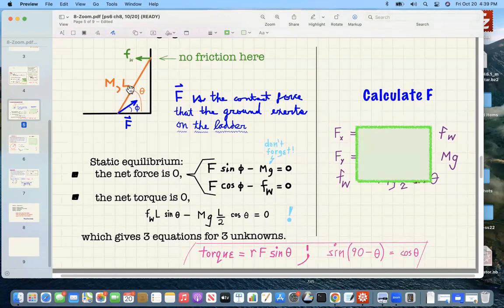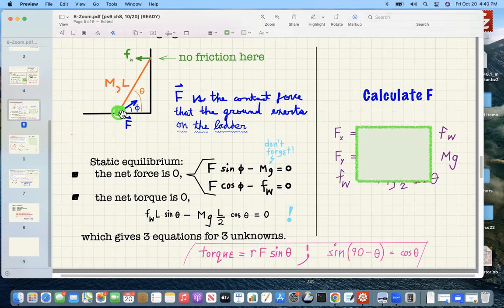Now, static equilibrium means the torque about any point is 0. Because if the torque were not 0, then it would accelerate, there would be an angular acceleration in the direction of rotation. So we can take any point on the ladder to calculate the torque, but the easy one is this point. If we use this point as the axis about which to calculate the torque, there is actually no rotation because it's equilibrium.